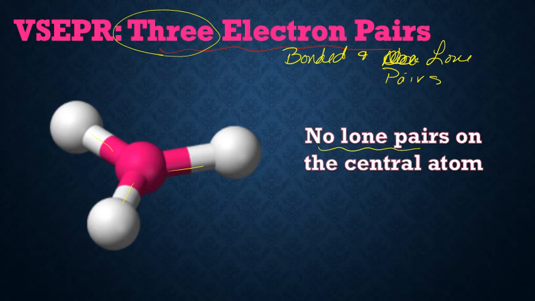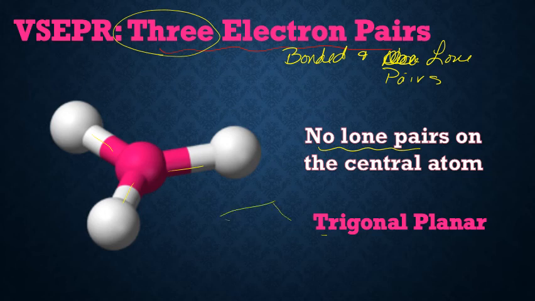It is trigonal planar. We say it's trigonal because there's 3 bonds, planar because they all lie on the same plane. Well, that's a really badly drawn plane, but they all lie on the same level. So that's why it is planar.